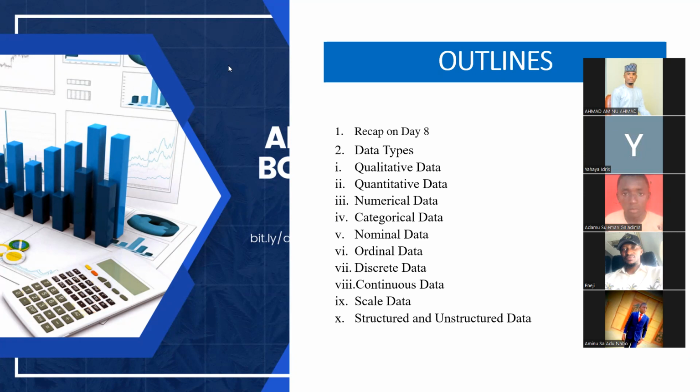They are all under categorical or qualitative data. Nominal data is data that is categorical or qualitative, but doesn't have any order or rank.